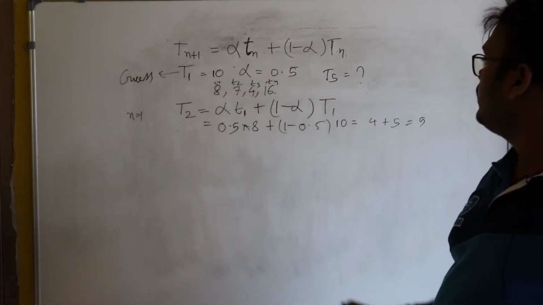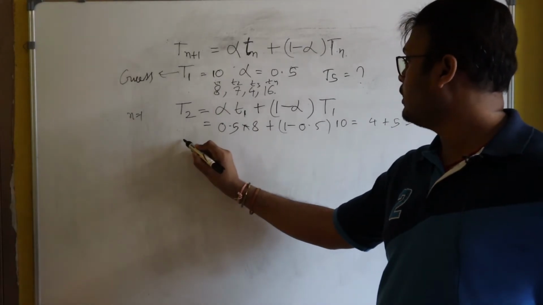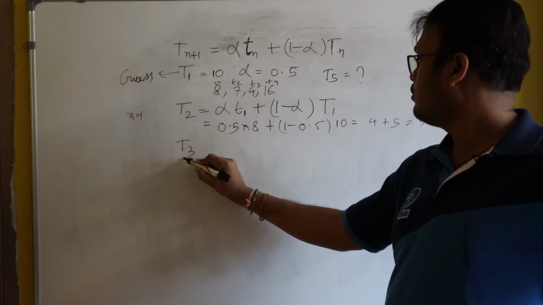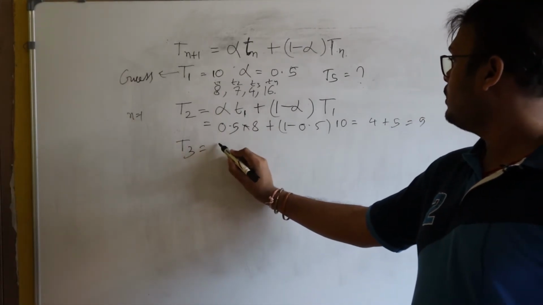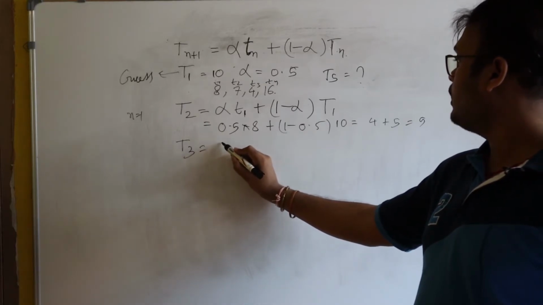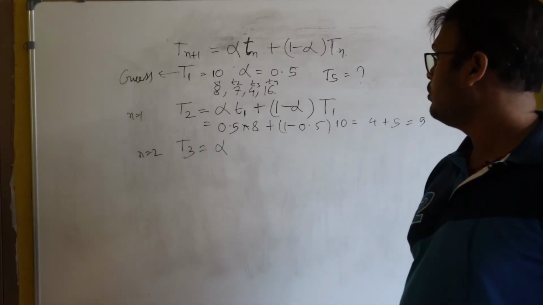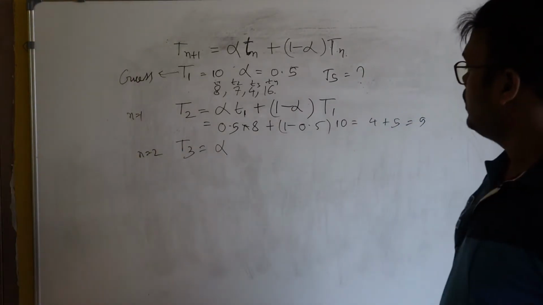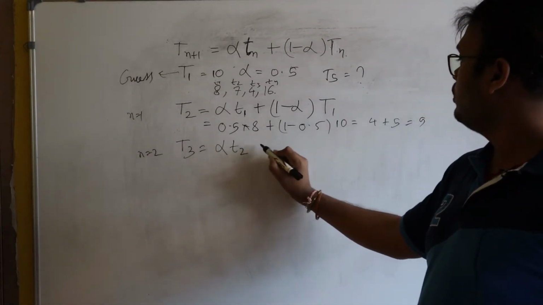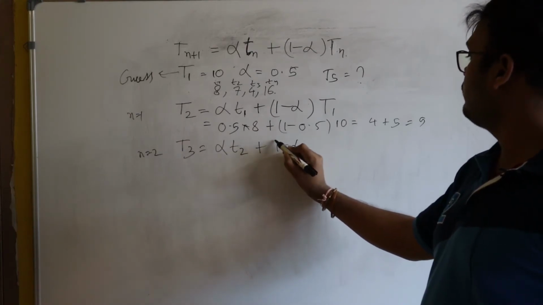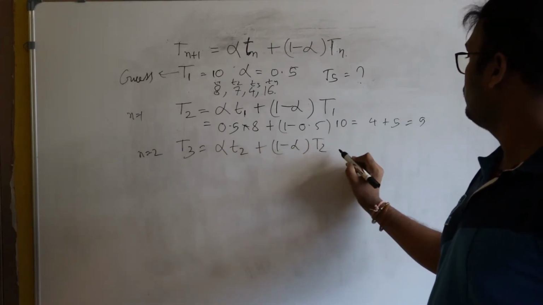We have to calculate T5. So let's calculate T3 now. T3 will use the same formula. Now here n is equal to 2. So alpha into small t2 plus 1 minus alpha into capital T2.